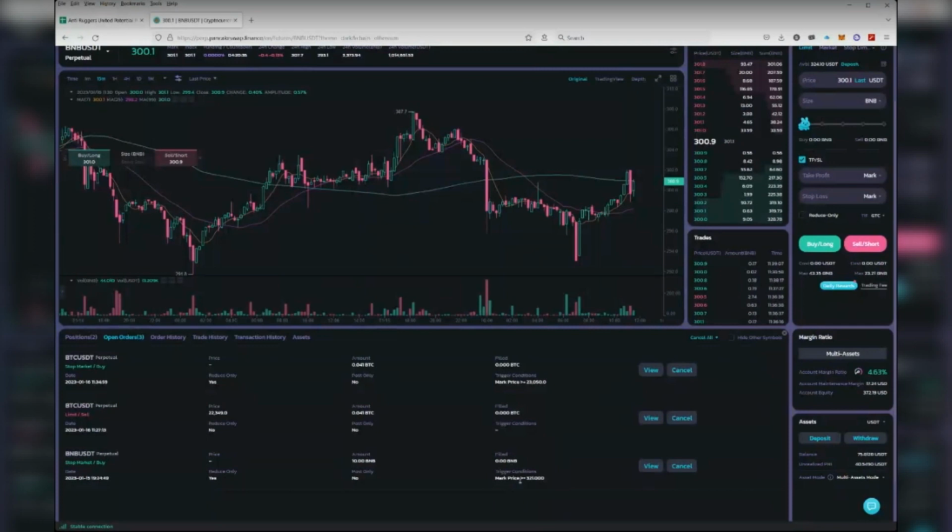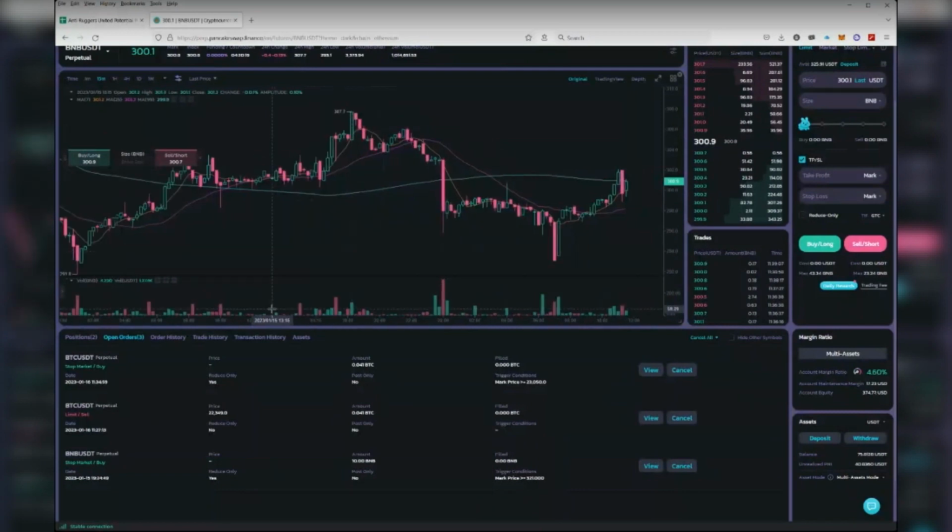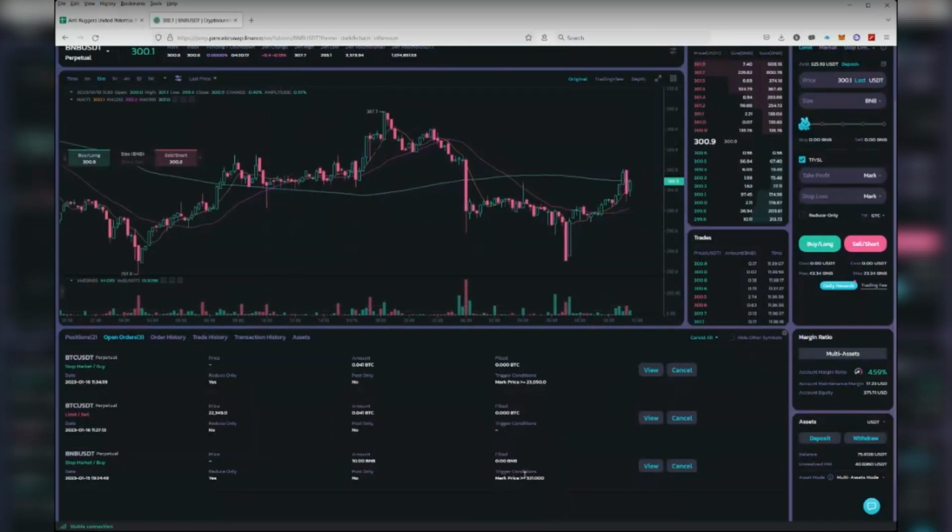It says right here, trigger conditions. It's going to sell everything if my price hits higher than, hold on, this one. Okay, basically this BNB is a short.